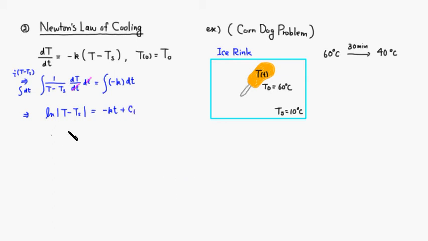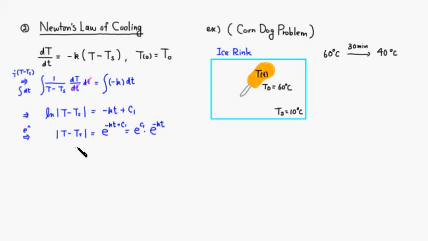First we can rewrite it in terms of an exponential function, so raise e to both sides of the equation. You will get the absolute value of T - T_s is equal to e to the -kt + C1. But I'm going to rewrite it as e to the C1 multiplied by e to the -kt.